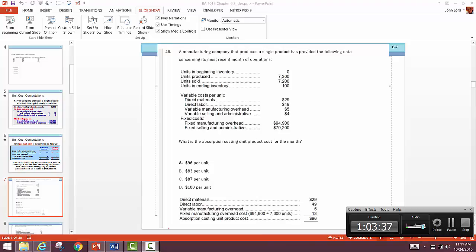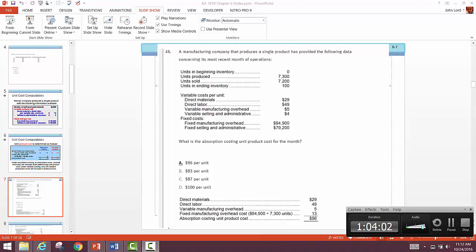You credit the work in progress, go to finished goods, and then when we sell those items, we sell 83 times 7,200. That's the 597,600, right? That's coming out of my finished goods and going into my cost of goods sold. So now we're only picking up the variable, right?